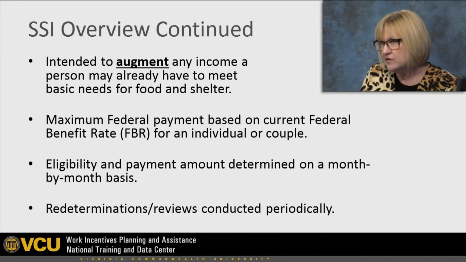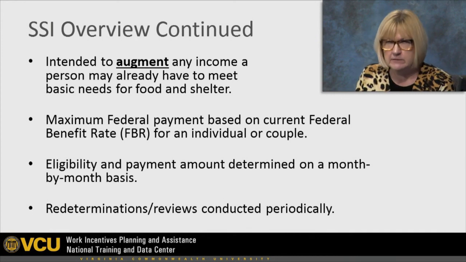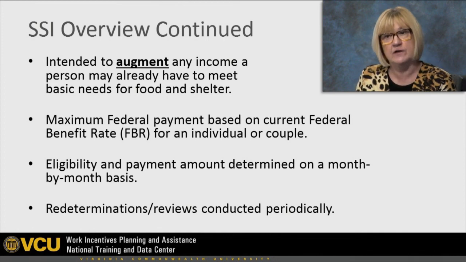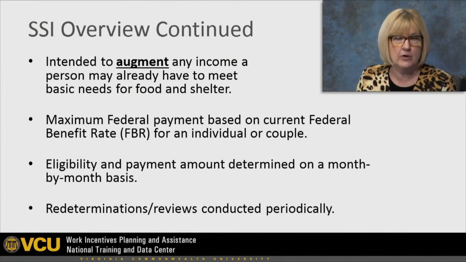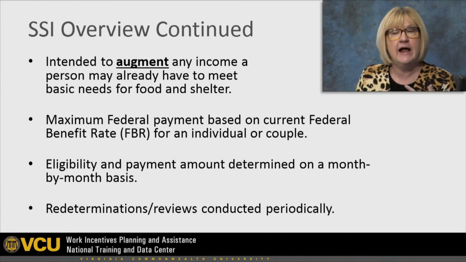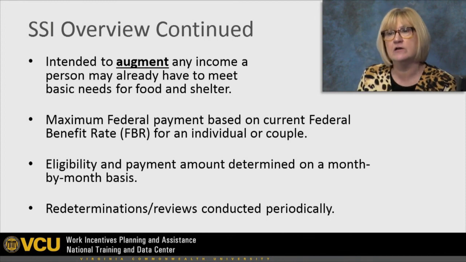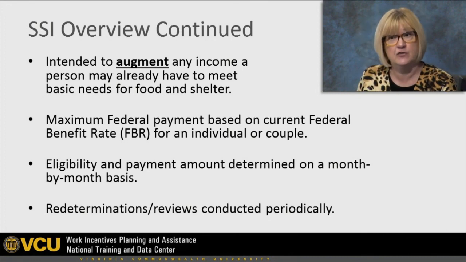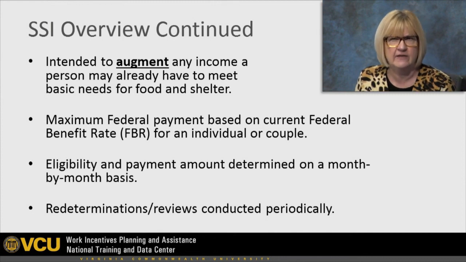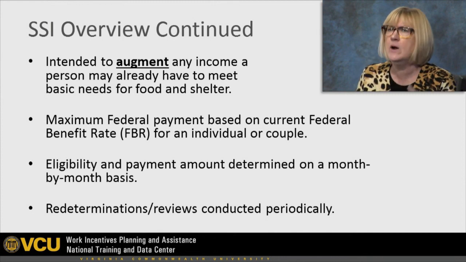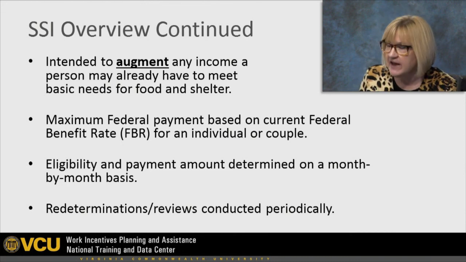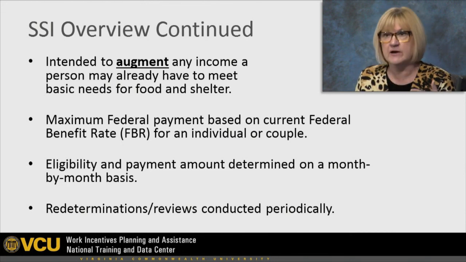It's about every calendar year, but doesn't have to be. And at the redetermination, they're checking all of those eligibility criteria, and they're checking to see if they accounted for all of the income the individual has, and they will retroactively adjust the SSI cash payment if more was paid than should have been. So it is done on a month-by-month basis, but they're not checking on beneficiaries every single month.